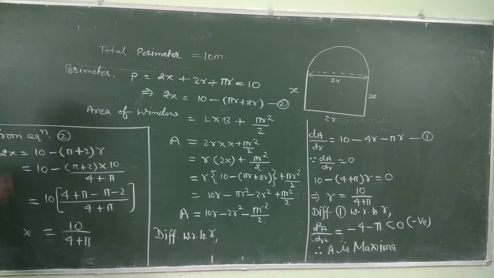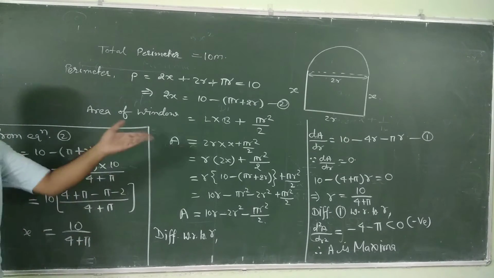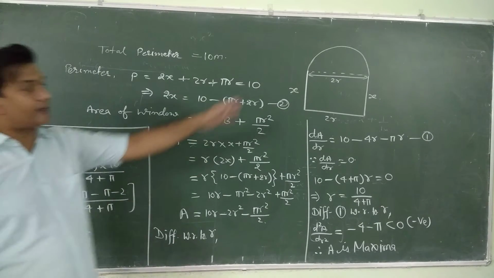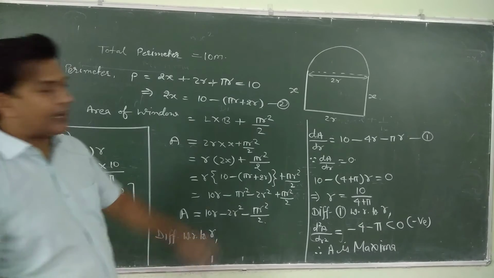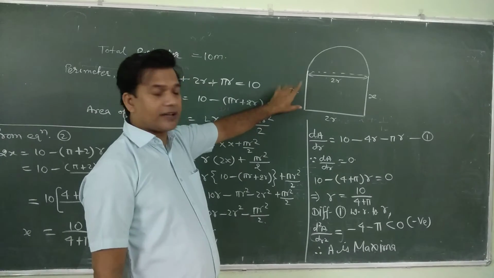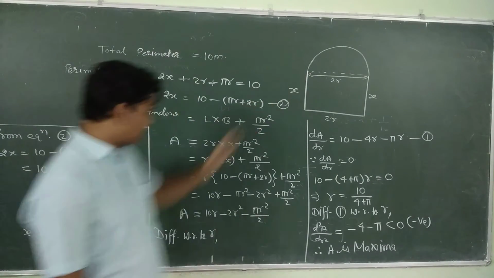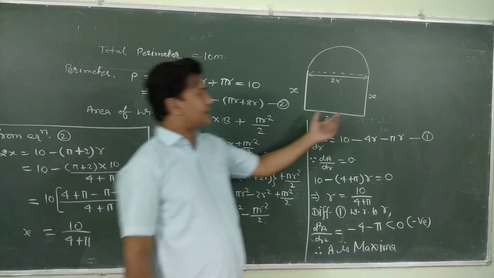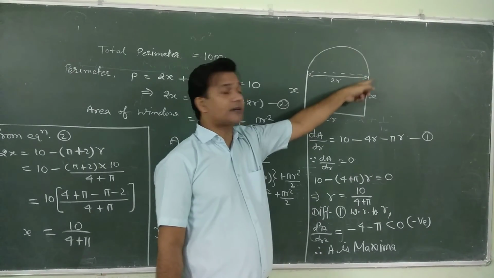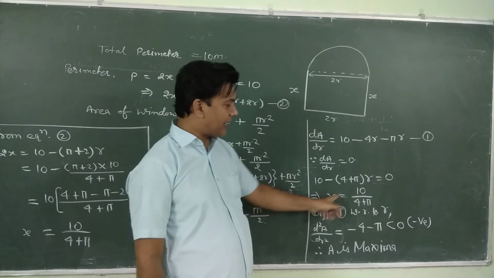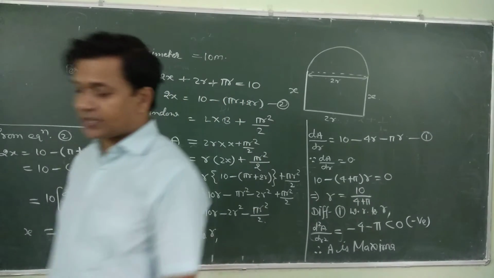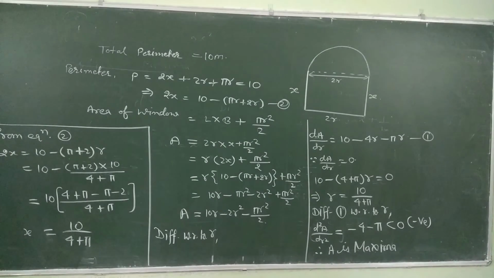So the value of x is the same as the radius. This is the dimension of this window: x, the width of the rectangular part, is 10 upon 4 plus pi, whereas the radius of this circular part is also 10 upon 4 plus pi.